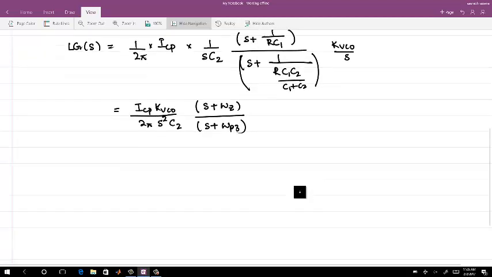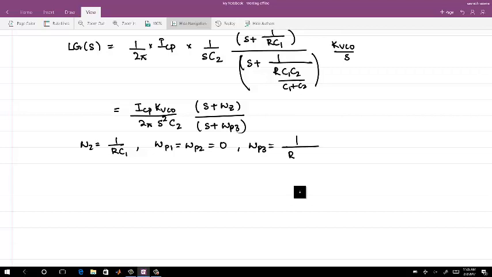So here your omega Z is 1 over R C1, omega P1 and omega P2 are 0, and omega P3 is 1 over R into C1 C2 by C1 plus C2.